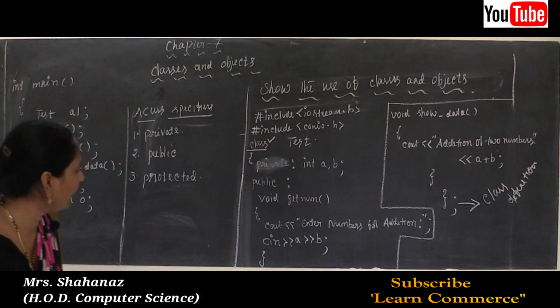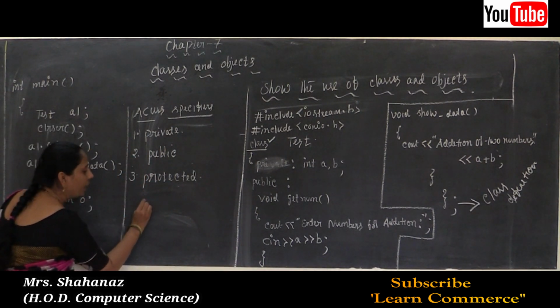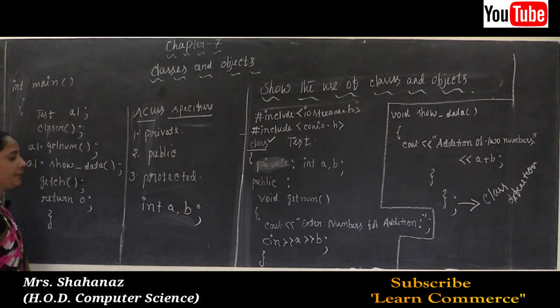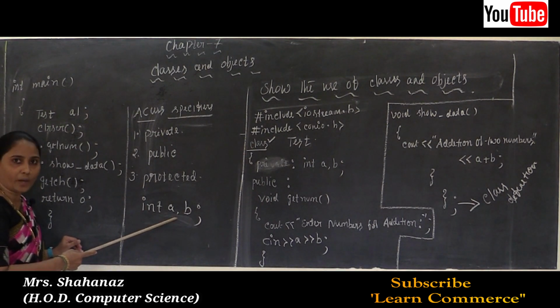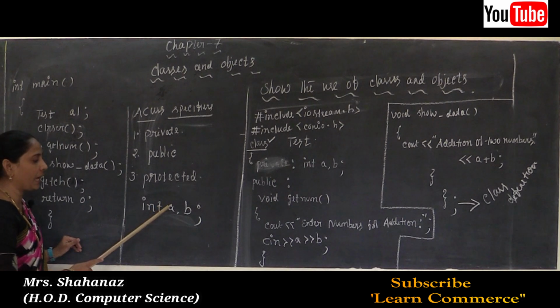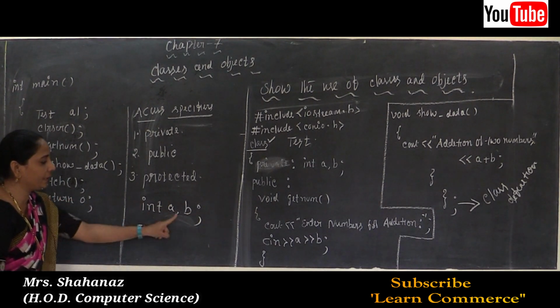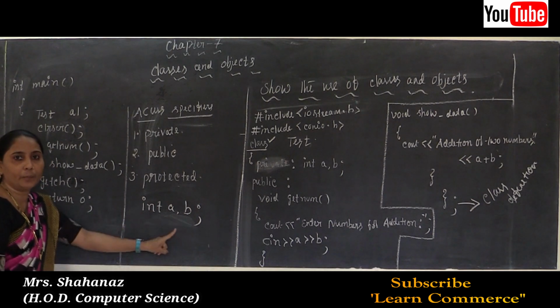For private, we can use the example int a, b. In one line only I declared two variables just by using the comma, the two variables a and b. If you want to declare them separately: int a; int b;.